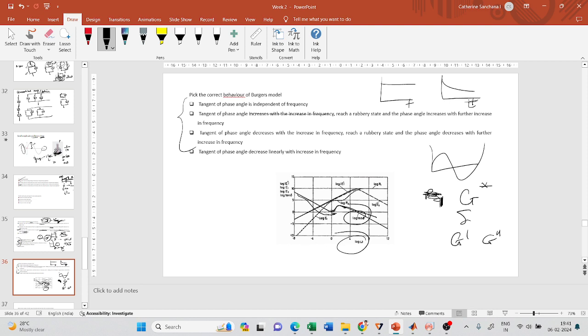So with increase in frequency, it decreases, reaches a rubbery state, and the phase angle decreases with further increase in frequency. It can be either tan of phase angle or phase angle, both refer to the same. So this seems to be the correct option.